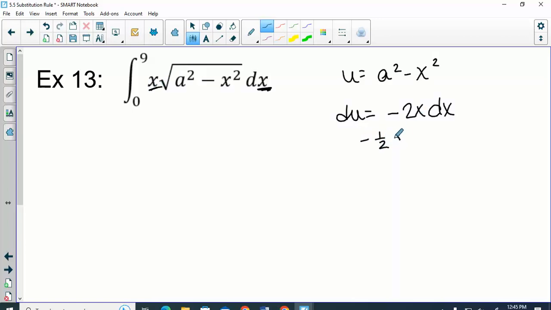So if you divide that over, negative 1/2 du equals x dx. Okay. So if I want to get rid of my 0, that's the x value. So a squared minus 0 squared is a squared. If I put in 9, a squared minus 9 squared.